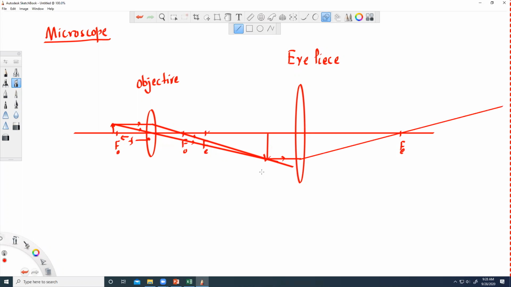Then if you pass a ray through the optical center, it will go without bending, like that. So your eyes are somewhere here.